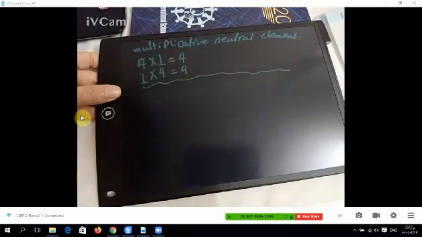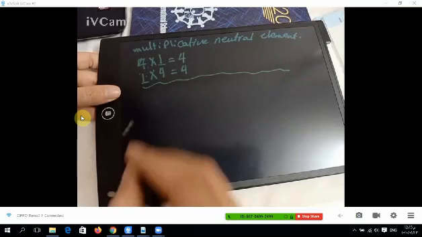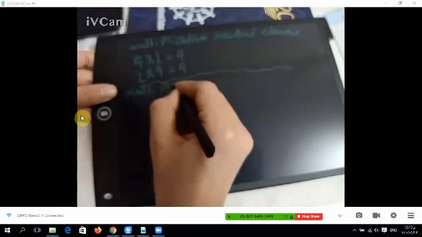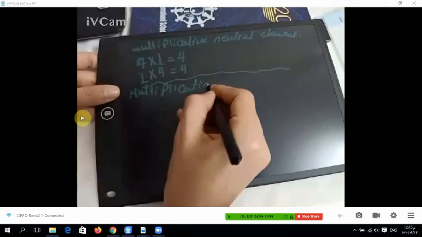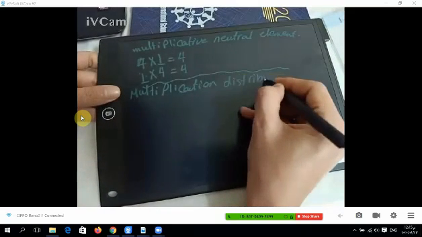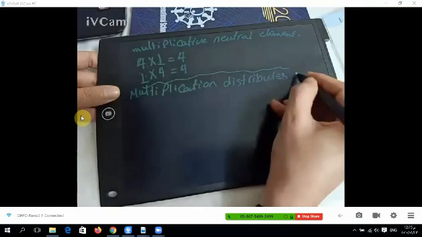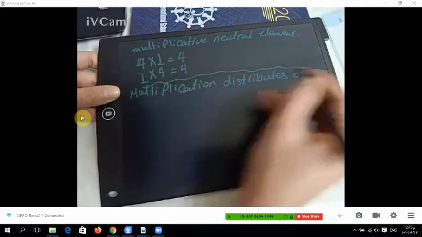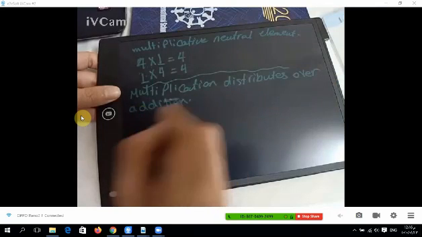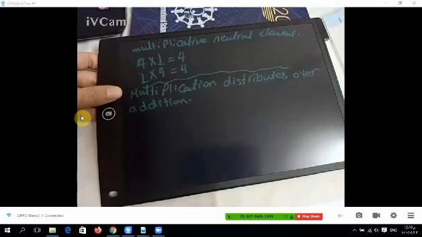Okay, the next property is so important, and we said it in the class. It's the distribution of the multiplication over the addition. So it's called multiplication distributes over addition. That means we will distribute the multiplication over the addition. How?